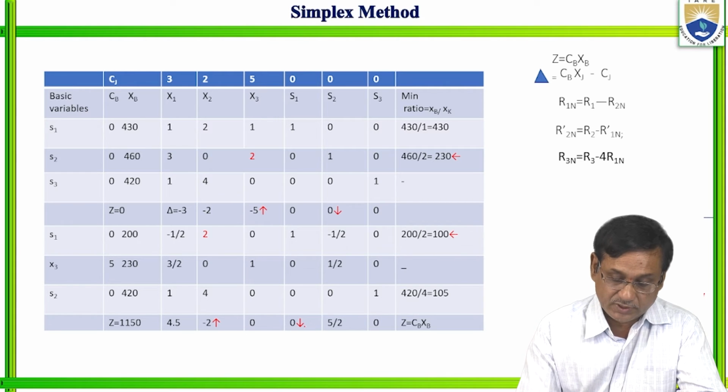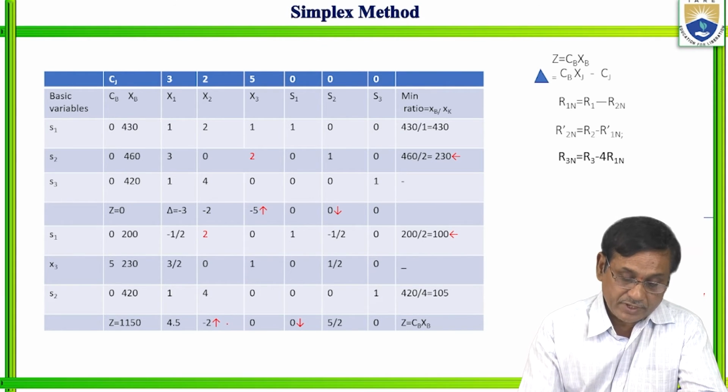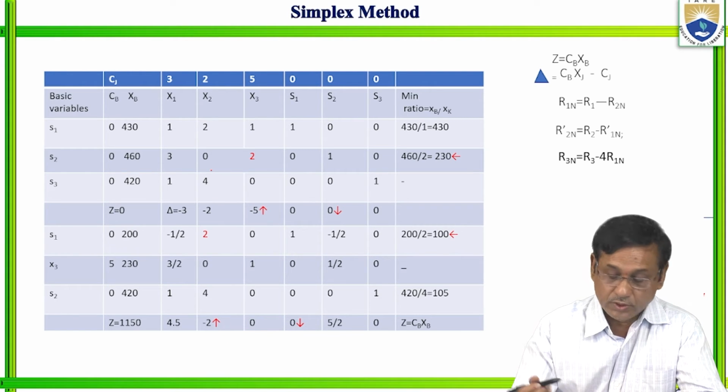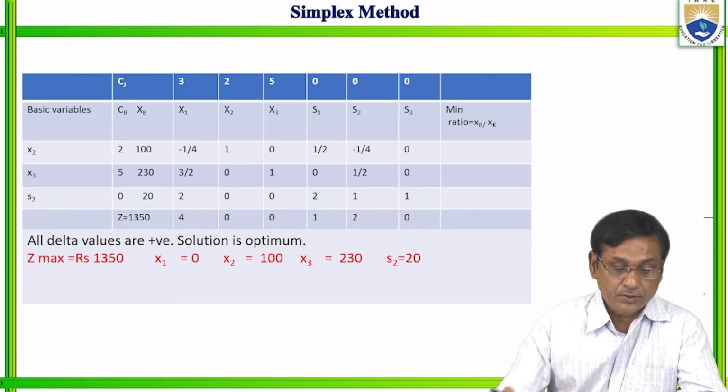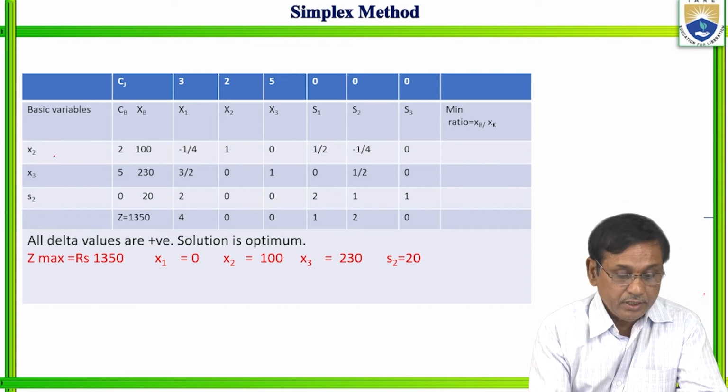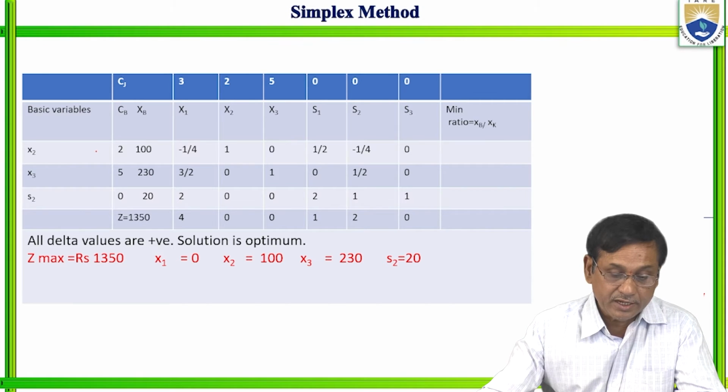This is represented by a downward arrow and incoming vector is represented by an upward arrow here. Now we have to improve that one again. Now you see that s1 is replaced by x2.